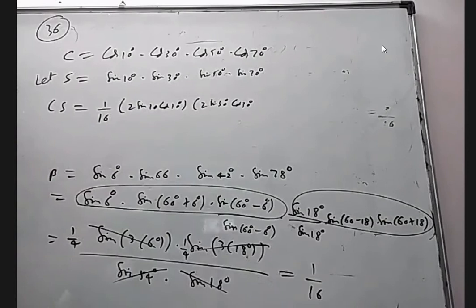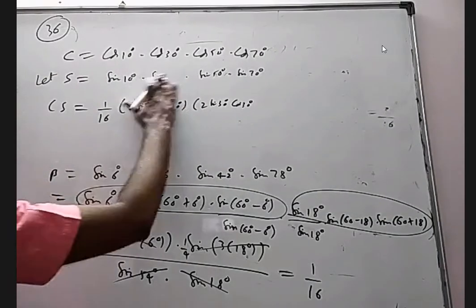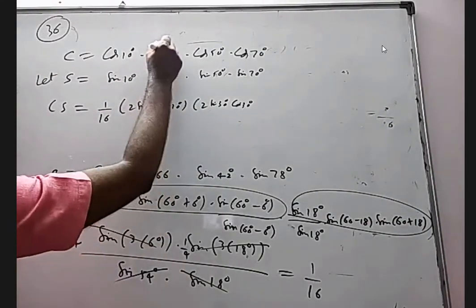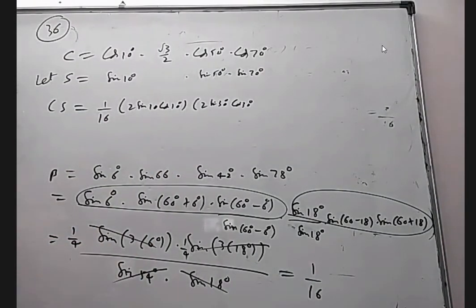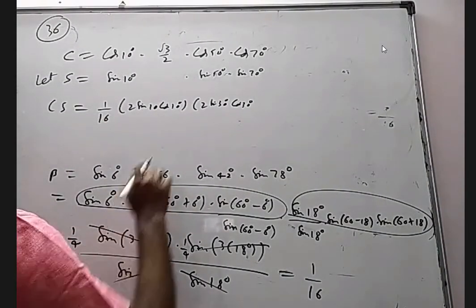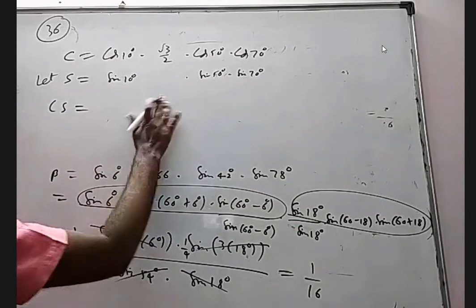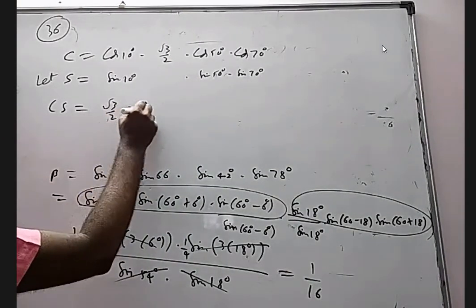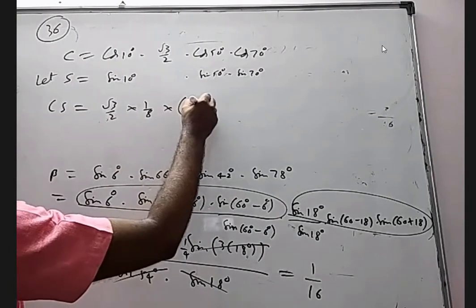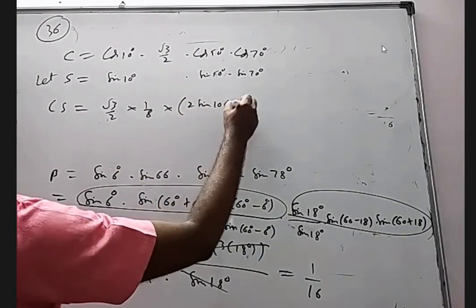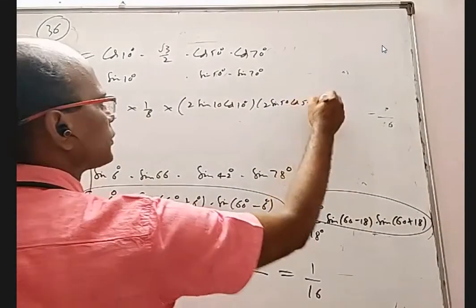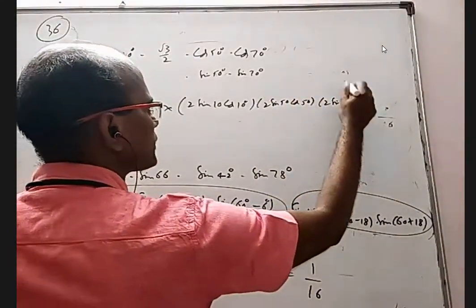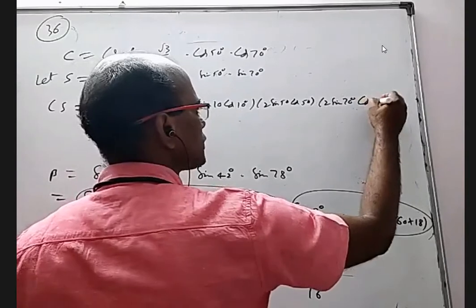Of course, I know this value, so I don't have to introduce this. I will write this as root 3 by 2, and I'll take S as only this much. Then root 3 by 2 into 1 by 8 into 2 sin 10 cos 10, 2 sin 50 cos 50, 2 sin 70 cos 70.